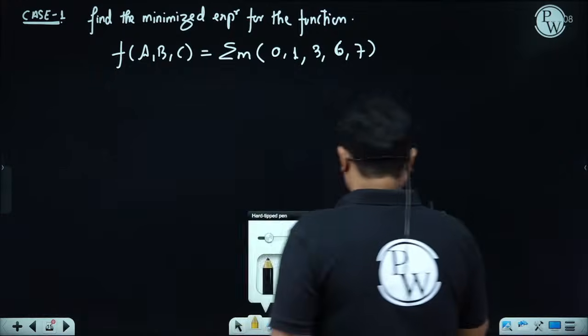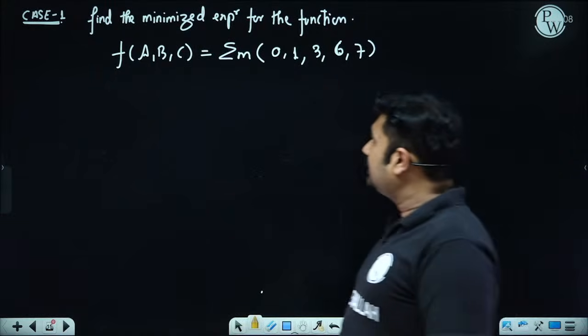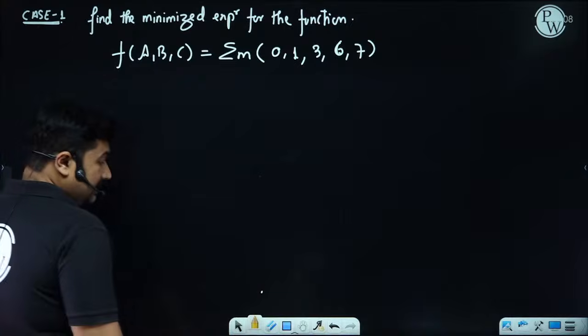Suppose we have a function summation of m 0, 1, 3, 6, 7.